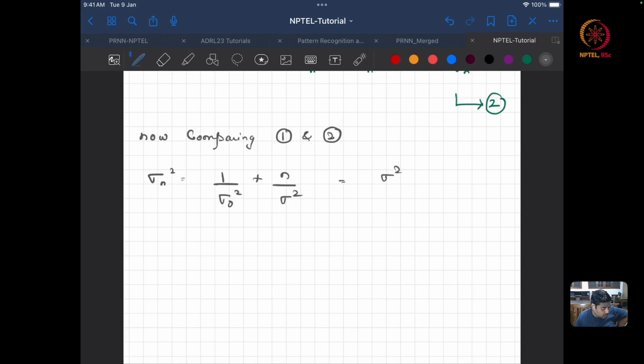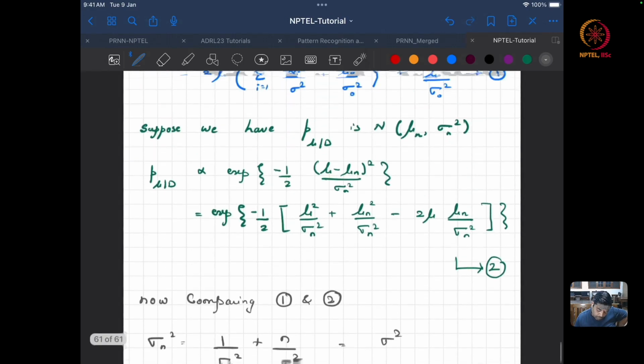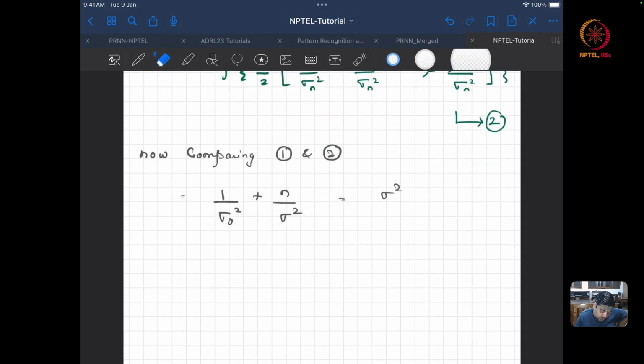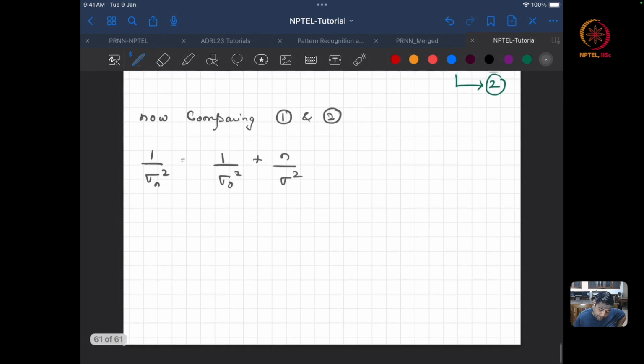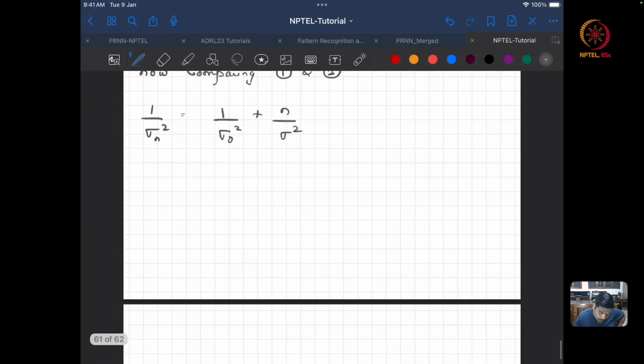Oh, sorry, this is 1 over sigma n square, okay. Which implies sigma n square is sigma square into sigma naught square divided by (sigma square plus n into sigma naught square). Okay, this is how you obtain this.